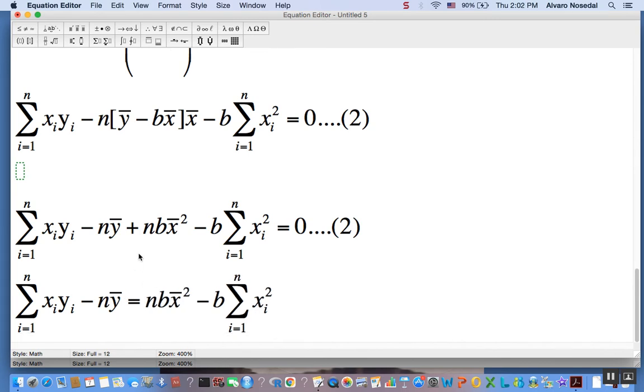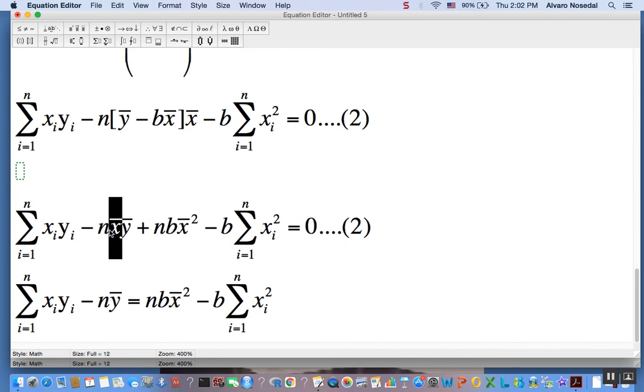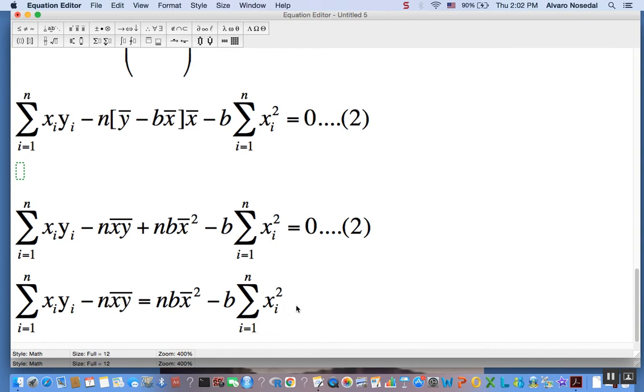And here n times x bar y bar, right? b x bar squared. Okay, that looks better. Are we good? Okay, so now let's factor out that b.